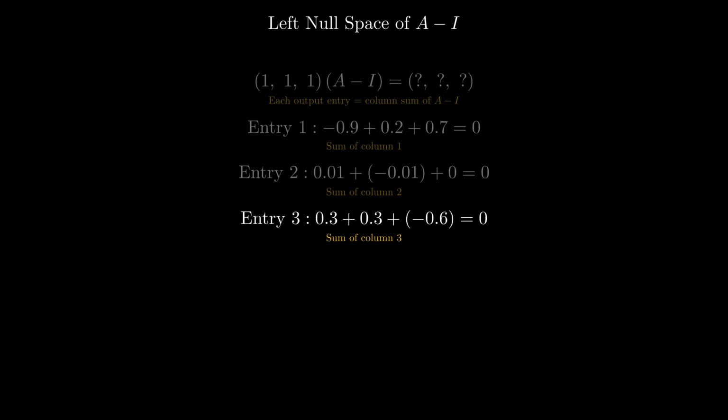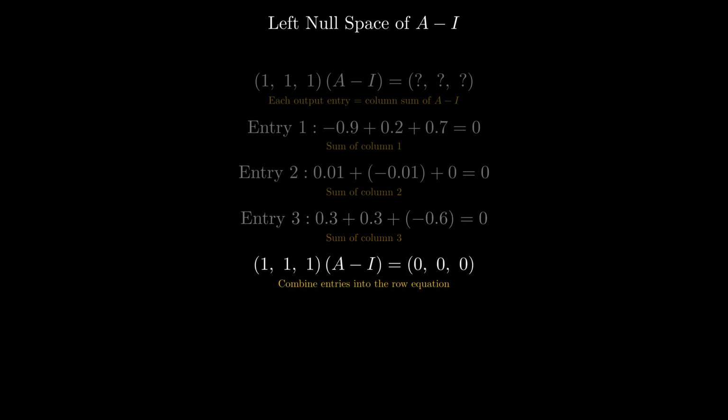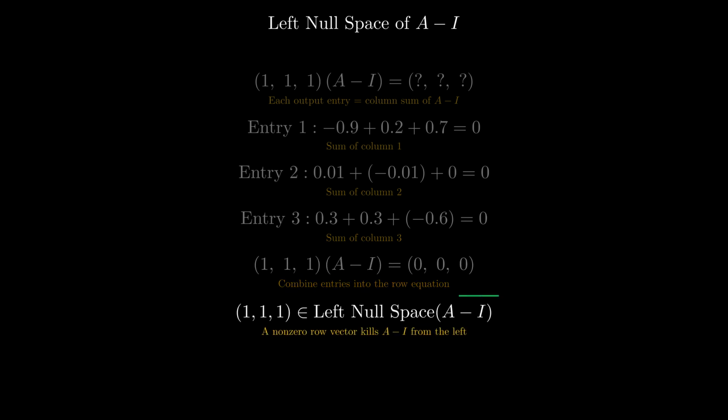The third entry: 0.3 plus 0.3 plus negative 0.6 equals 0. So 1, 1, 1 times A minus I equals the 0 row vector. The row of 1s lives in the left null space of A minus I, that is, the set of row vectors that kill the matrix from the left. We found a non-zero vector that does exactly that. Pause and let that land.